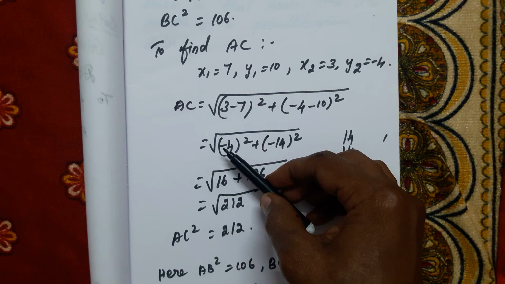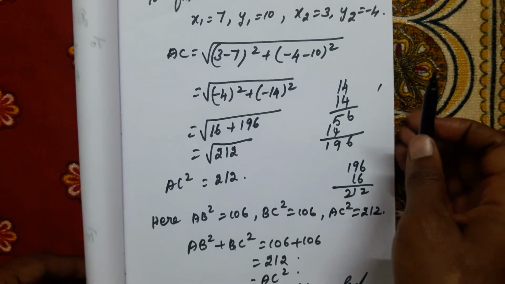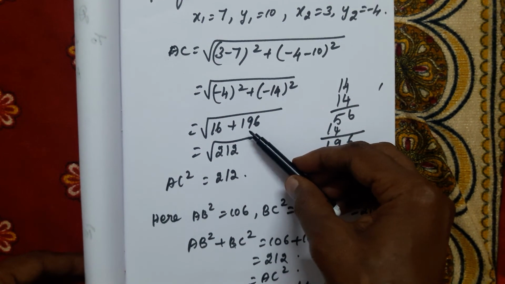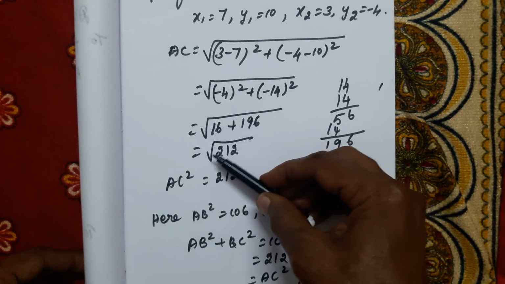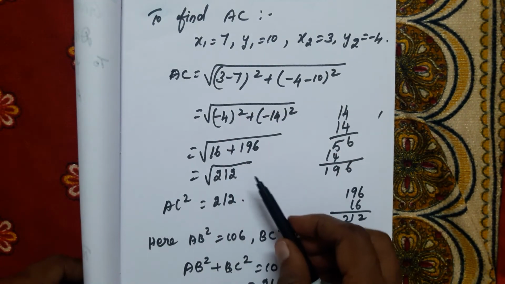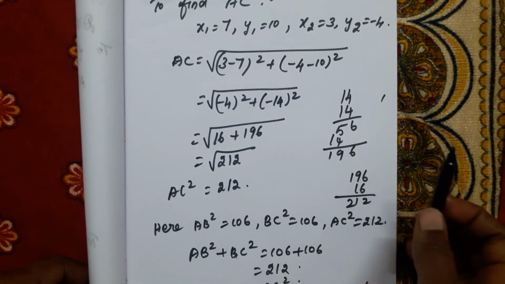It's equal to root of (minus 4) the whole square plus (minus 14) the whole square, which is root of 16 plus 196. Adding both, root 212. AC square is equal to 212.